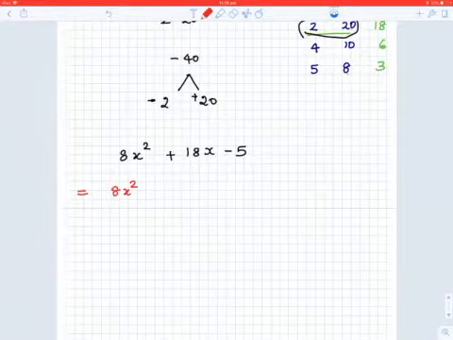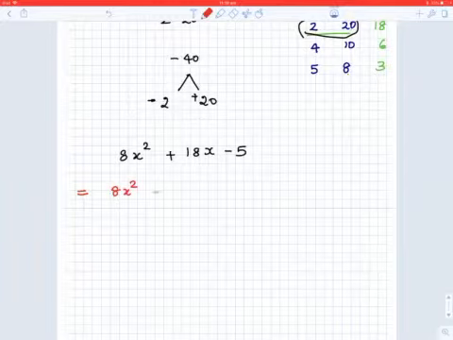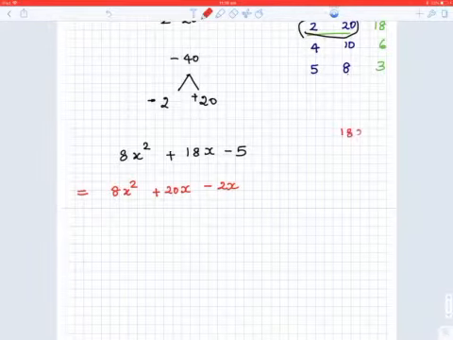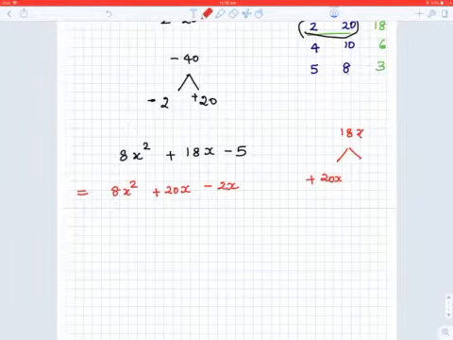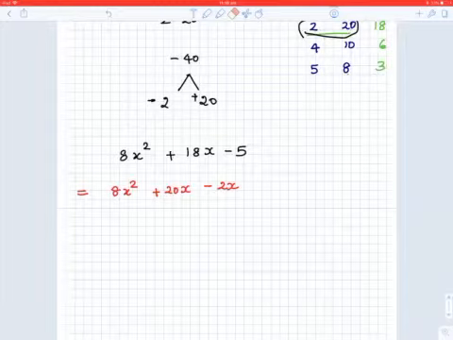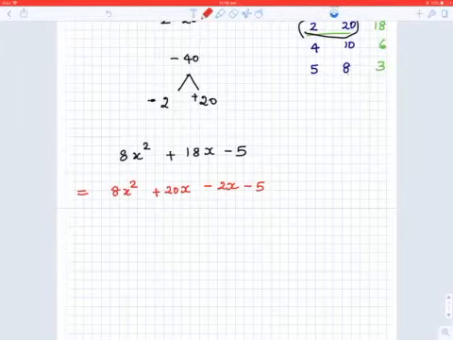Now this plus 18x can be replaced by plus 20x minus 2x. So plus 18x can be written as 20x and minus 2x. Then minus 5, I'm writing the minus 5 from there.